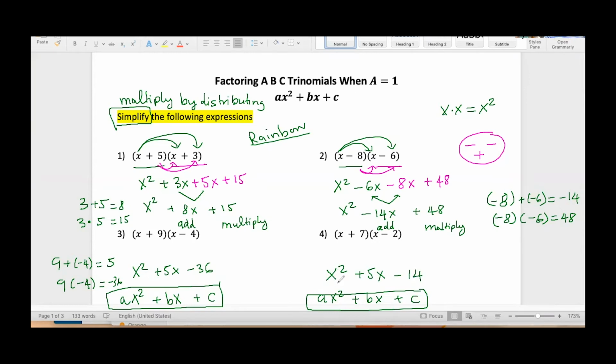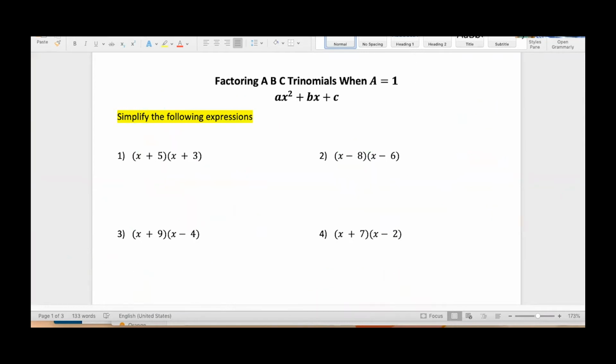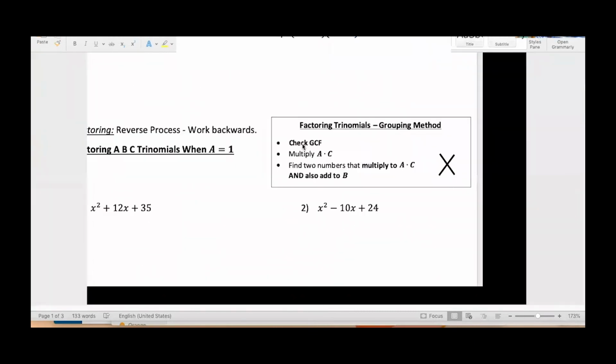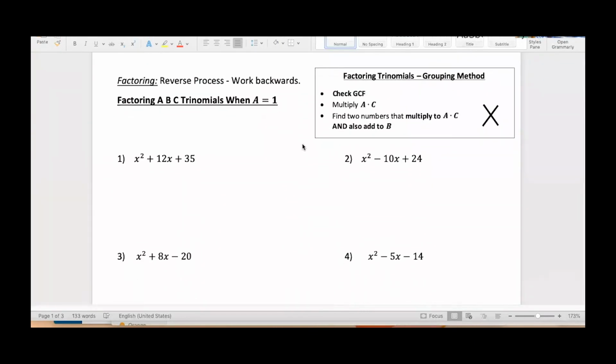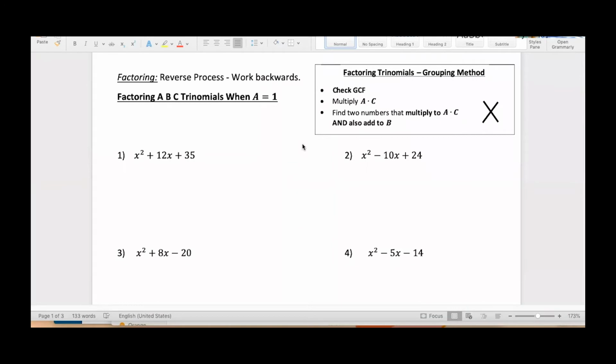Okay. Now, we are moving on to the second part of the paper, in which we're going to change our gear a little bit. We're going to go backward. So at this question right here, you can see for the next problem, very similar to the one we just did. However, we are going backward. I'm giving you a trinomial, and I expect you to come out with the factors.